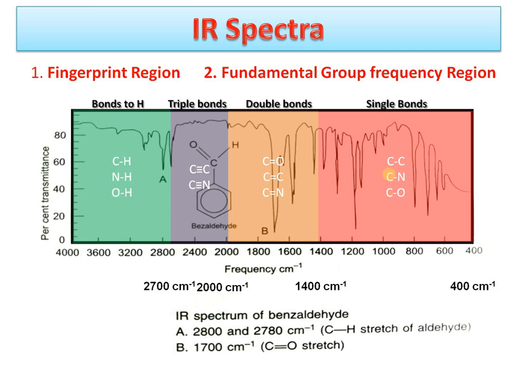This fingerprint region is very important in order to detect the compound present in the analyte, because the fingerprint region will have exact matching with the IR spectra of any sample containing the same organic molecule. So it can be used to identify two samples which have the same organic molecule content.